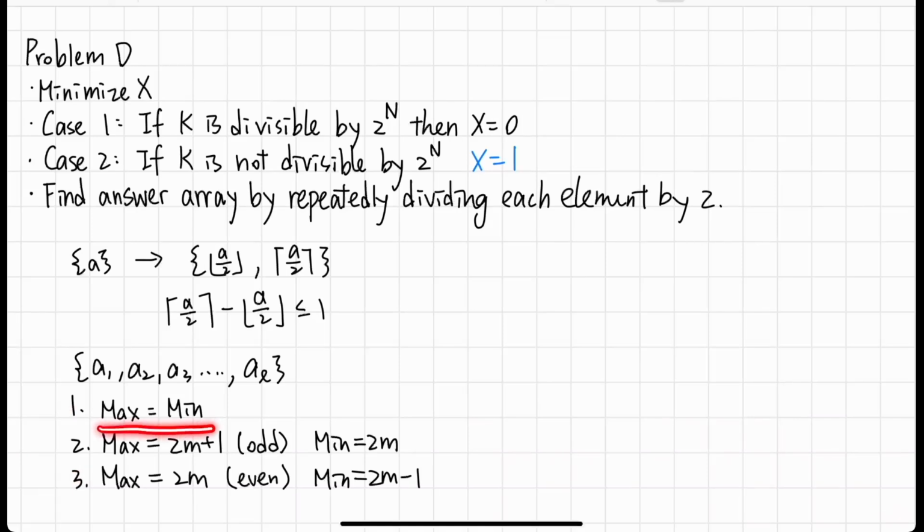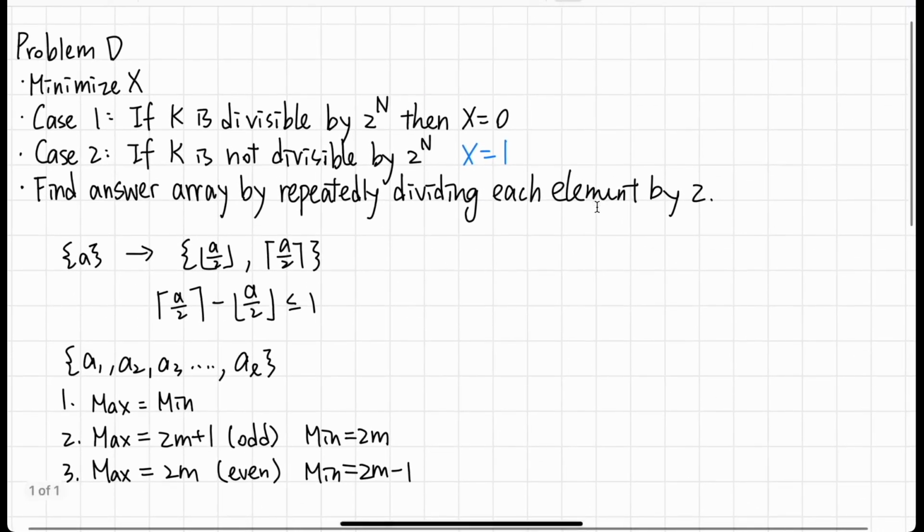First, if the maximum of this array is equal to the minimum, then this means that all the numbers are equal to some number v.